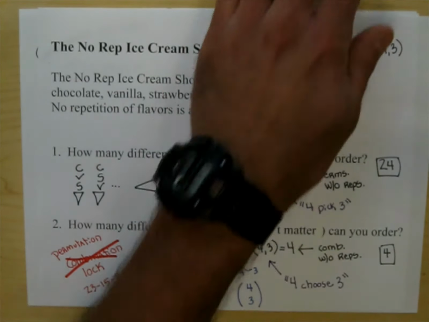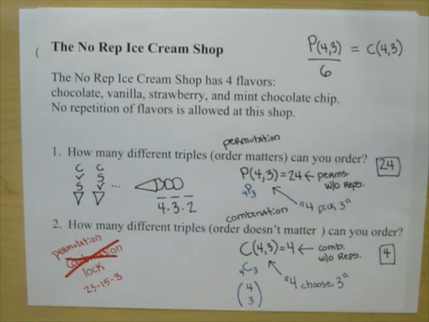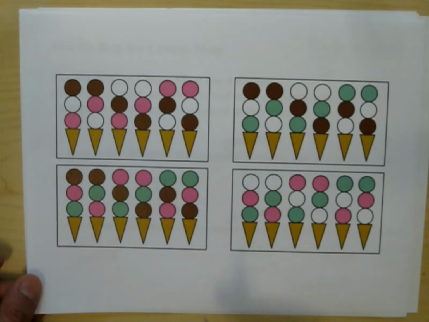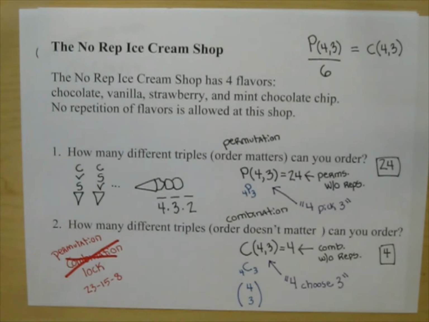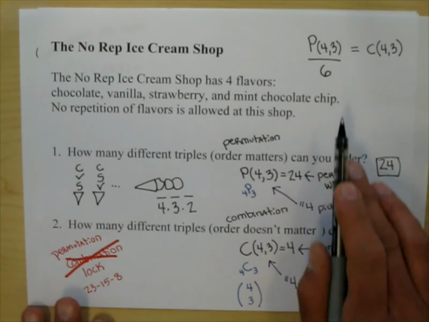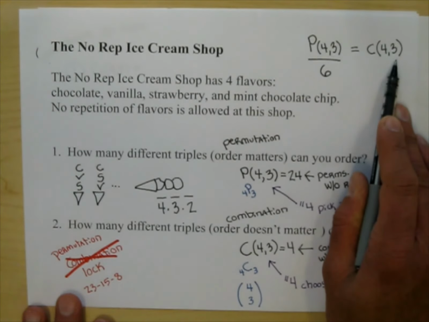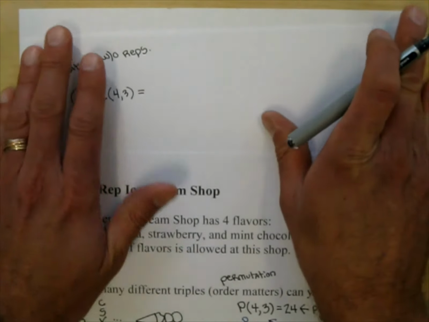Now how did we get that answer? Oh, here it is. We had them all written out for us, and we said 1, 2, 3, 4. So order doesn't matter. But we're not always going to want to write them all out. But we also have this up here: 4 choose 3 is what?